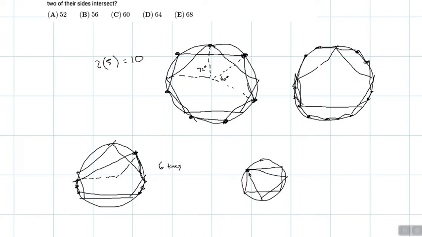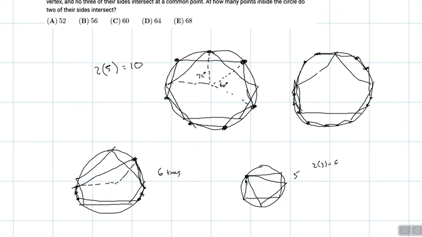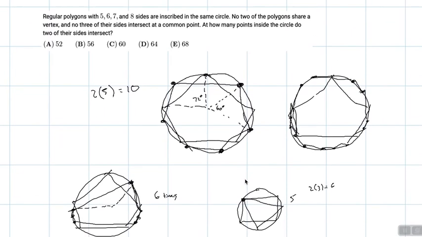And then since they share a vertex here, there are only 5 intersections. Whereas if they didn't share any vertices, and this was an equilateral triangle and a square, there would be 2 times 3, which is 6 intersections. But since they share a vertex here, that's not the case. So it's good to note that no 2 of the polygons share a vertex.